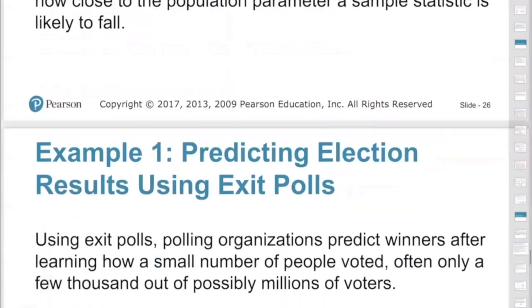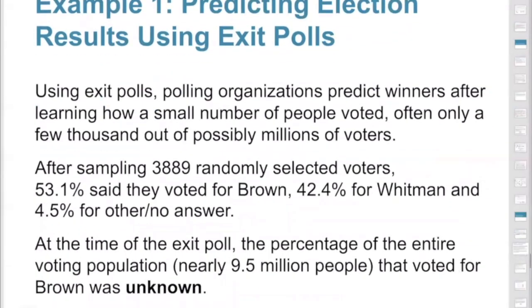So what if we have a sample of 3,889 voters selected randomly from the 9 million? So this is our sample. From this sample, 53.1% said they voted for Brown, not from the population, because we usually don't know the result after they finish the election, right?